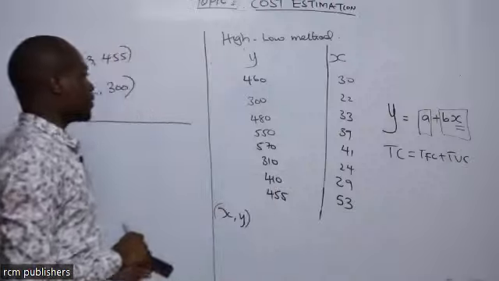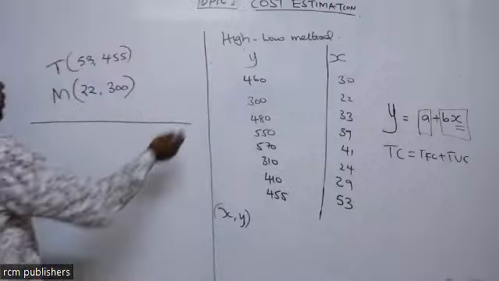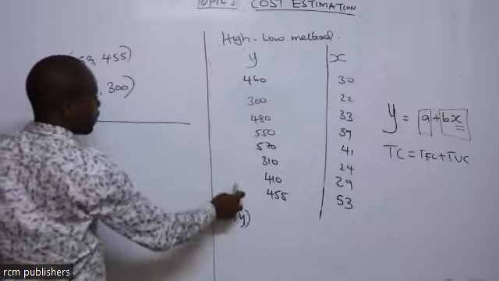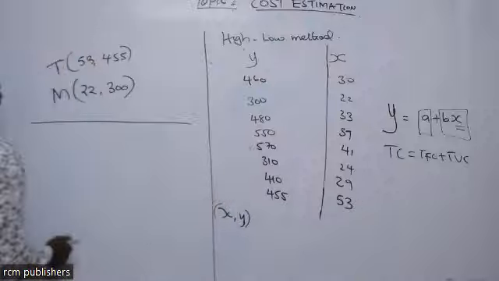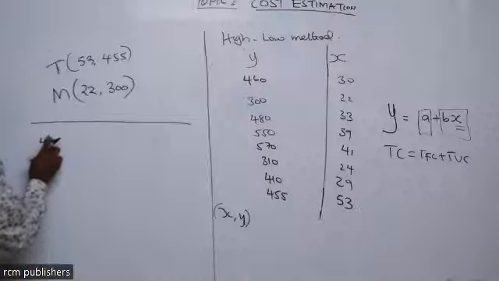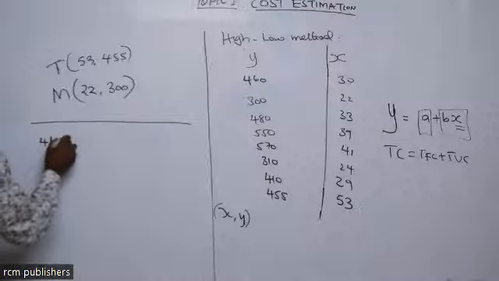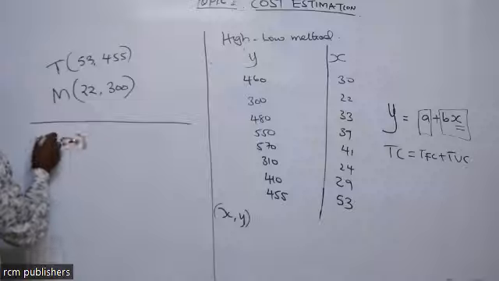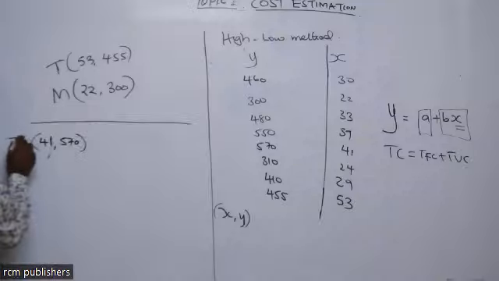Another person will say, okay, this is y. So the highest value in this place here is 570. So they take 41, comma 570. They call it T, that is the highest.